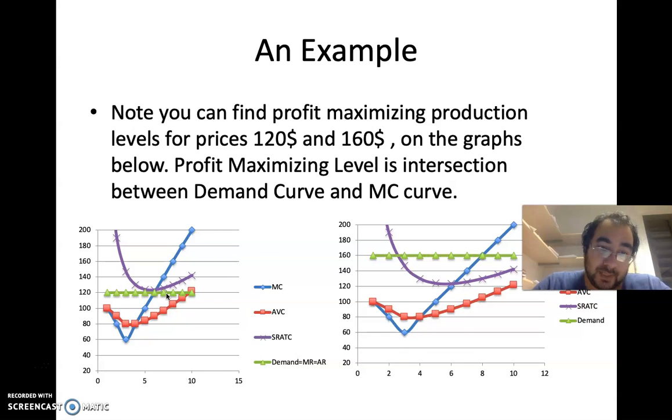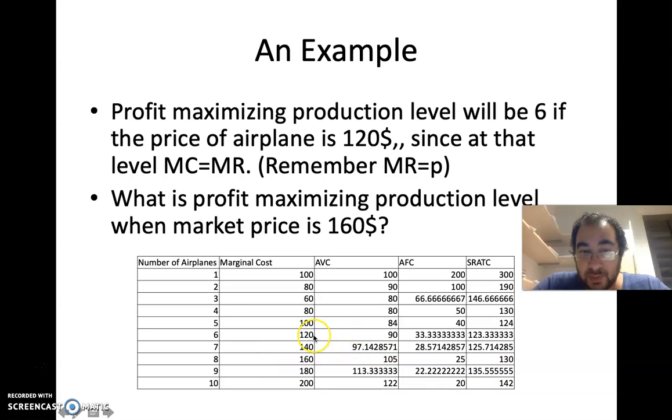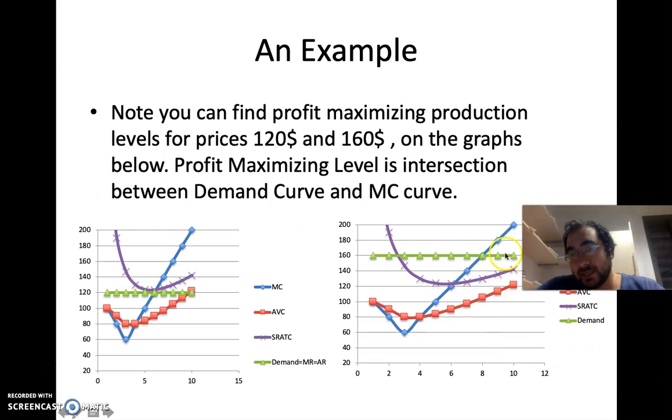It's possible, and here even at the 6th unit, marginal cost is 120. I mean, the marginal revenue curve is a horizontal line at 120, but the cost never falls below 120, which means the short-run average total cost curve and the marginal revenue, average revenue and demand curve do not intersect. In this case, they intersect basically, and you can also see the profit maximizing points here.